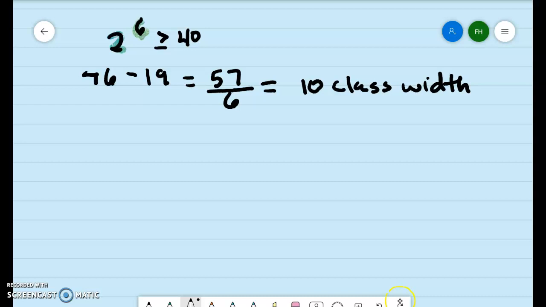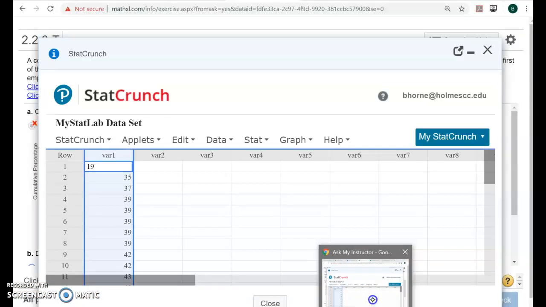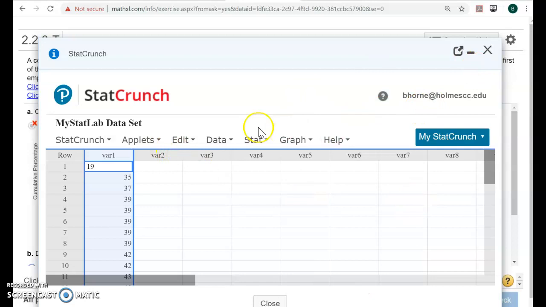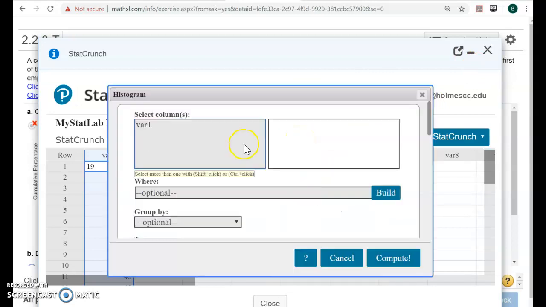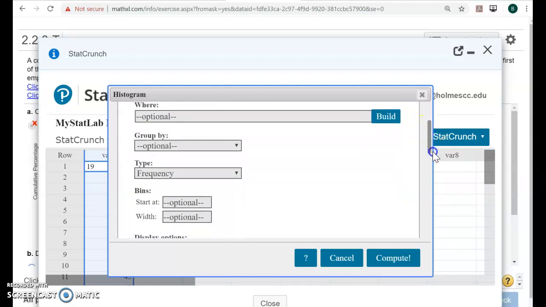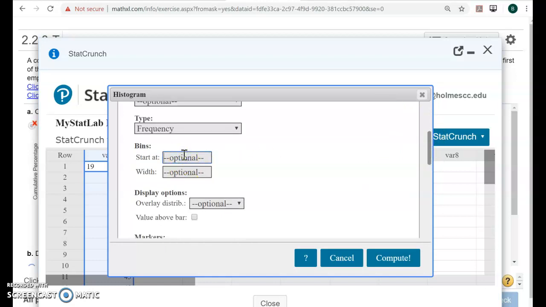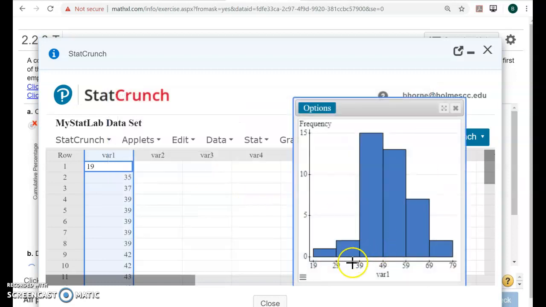So what I did was I went in to StatCrunch and I did graph, histogram, variable 1, and then I started at 19, and the width we said was 10, and so I hit compute, and here are my frequencies: 1, 2, 15, 13, 7, and 2.